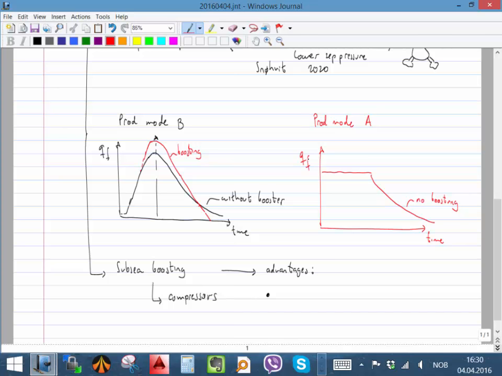I changed the color to see if you are paying attention. The main goal in this case is just to prolong the plateau. And that's the example that we are going to do next Monday. We're going to talk about, in the case of Snow White, how to use compression, subsea compression, to prolong the plateau.